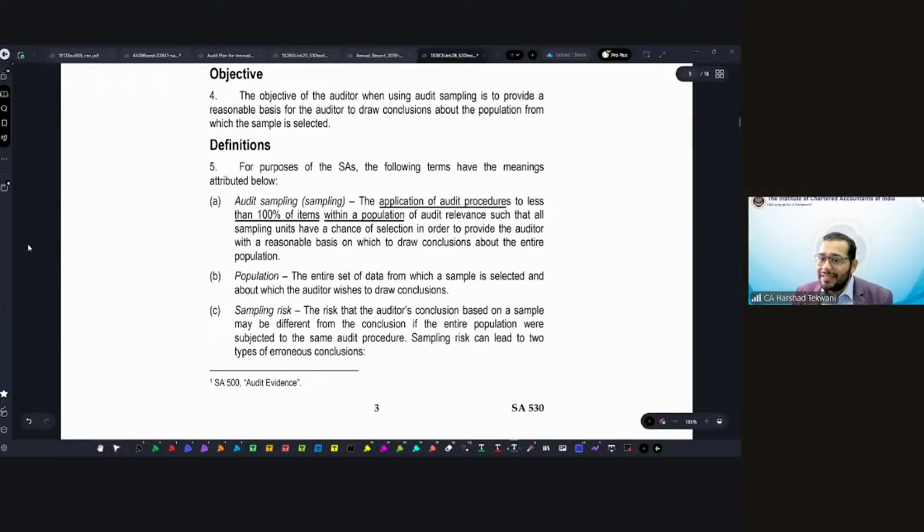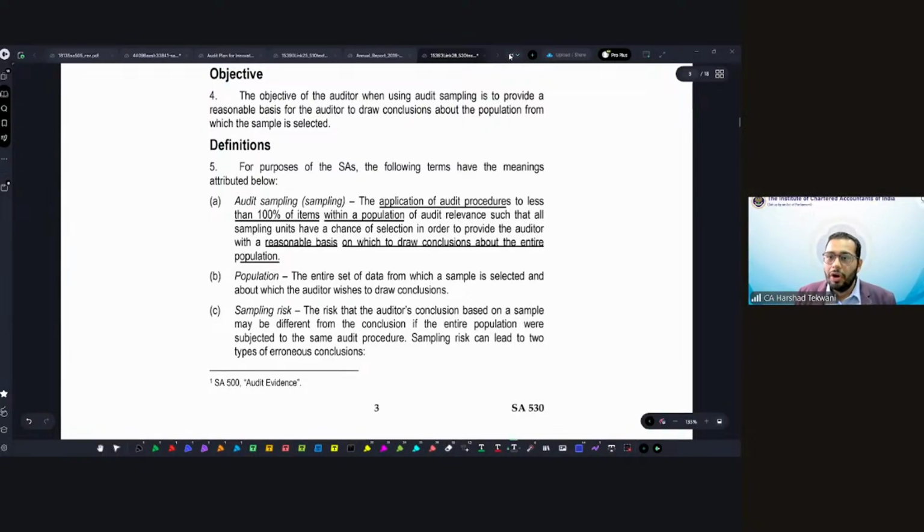Out of 50 lakhs, we tested 5 lakh rupees, such that all the sampling units have a chance of selection, in order to provide the auditor with a reasonable basis on which to draw conclusions about the entire population.